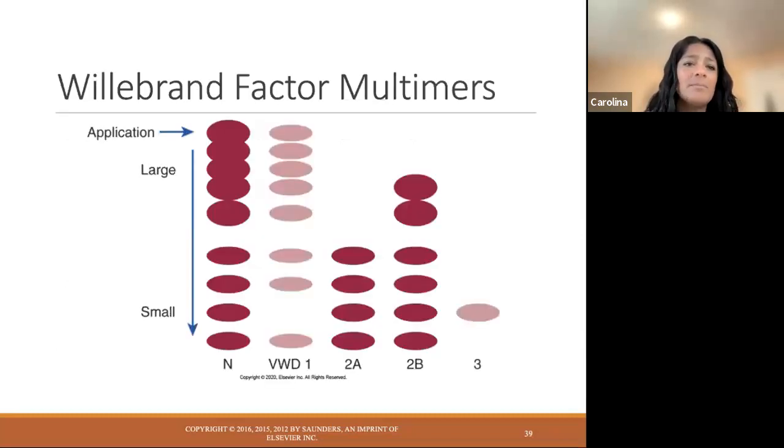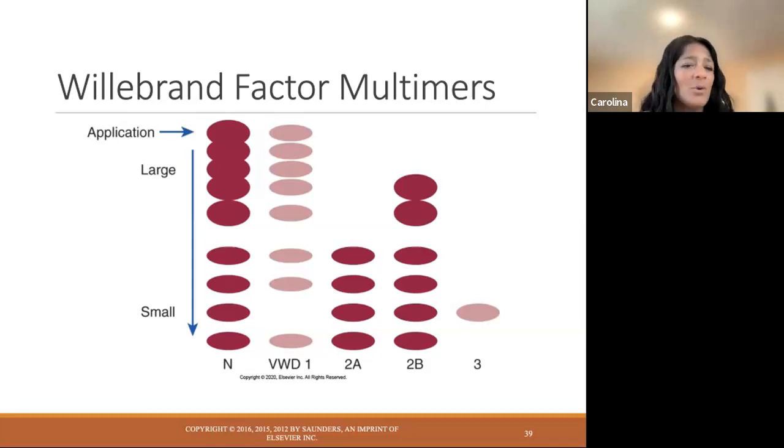But the multimer testing is again done by gel electrophoresis, not something that we do commonly in our lab, but it can be sent out. So you can see here the large multimers and small multimers, and you have the normal control. In von Willebrand's disease type 1, you'll see a diminishing concentration, right?